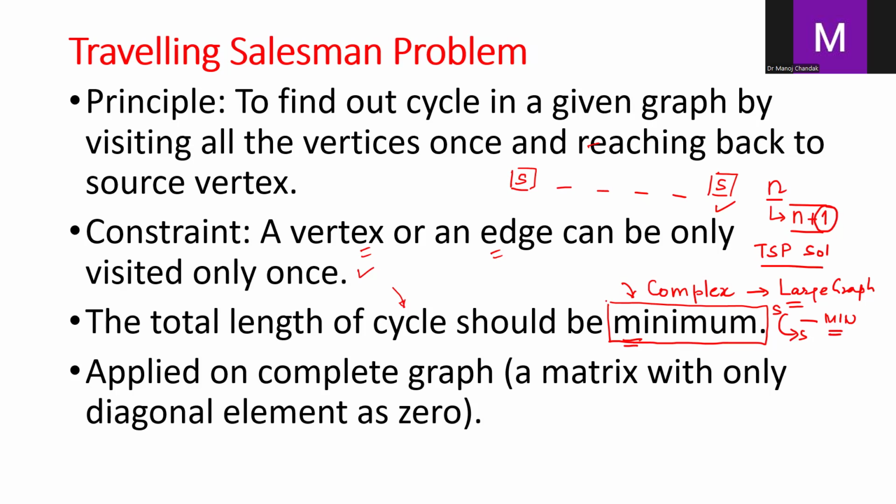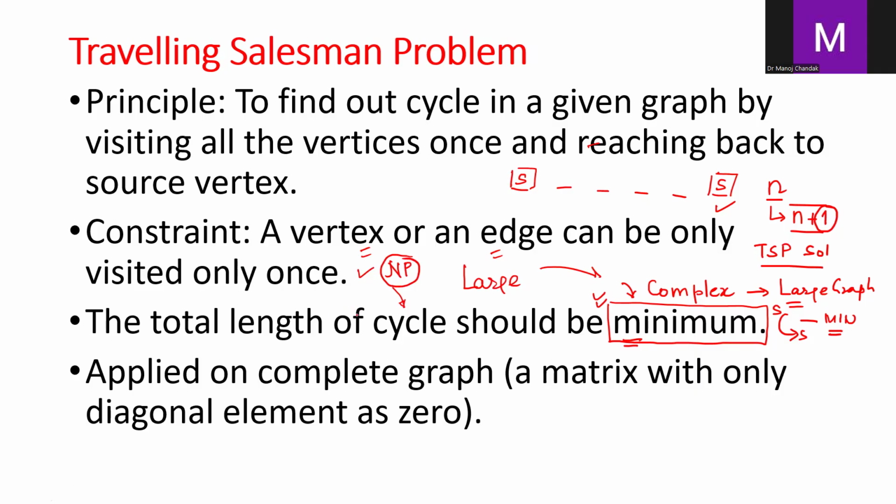So there is a selection with some constraint. Whenever this happens, any problem which has a large input gets converted into a complex problem and can be categorized in the non-deterministic polynomial time algorithms.